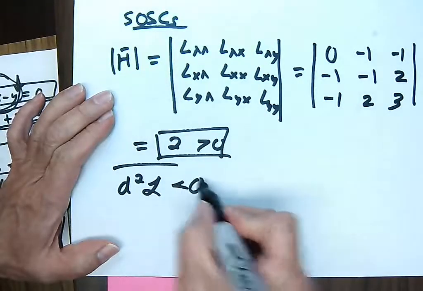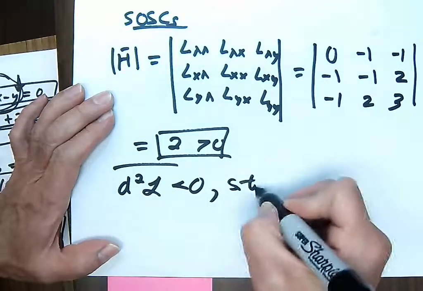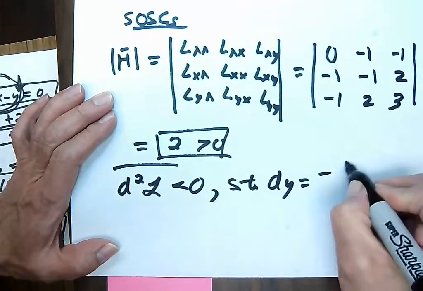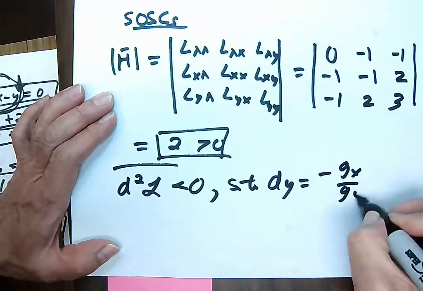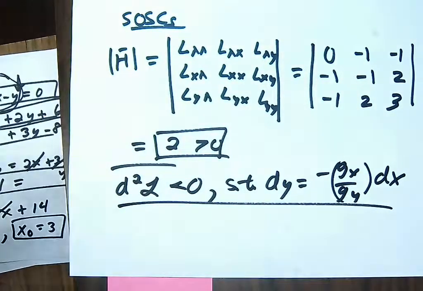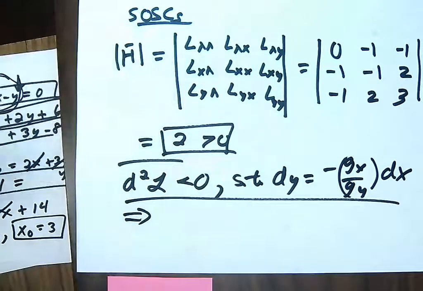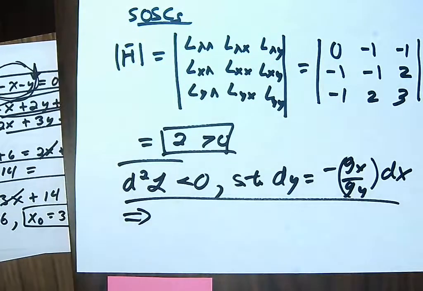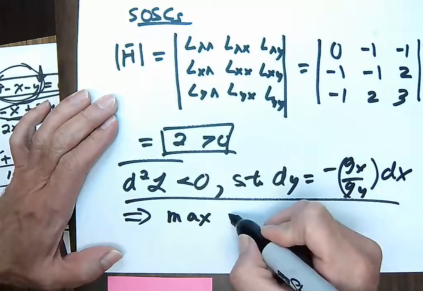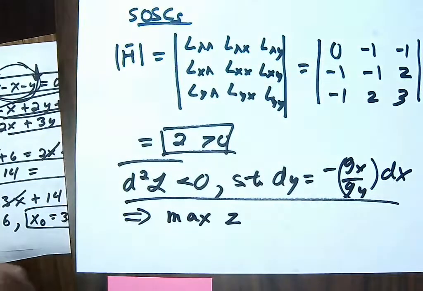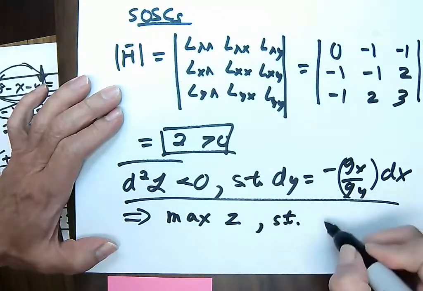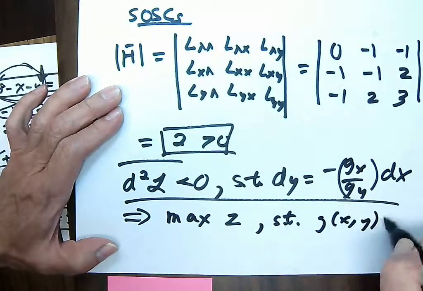So this will be negative subject to movement along the constraint, dy equal -gx over gy dx. And if that condition holds, this implies we have maximized the Lagrangian subject to this constraint. And in particular, for our problem, what we're interested in, we have a max of z, or a max of our objective function, f of xy, subject to the constraint being satisfied.